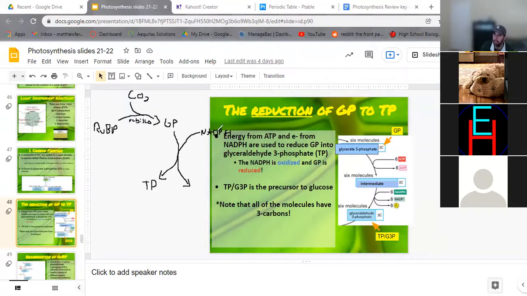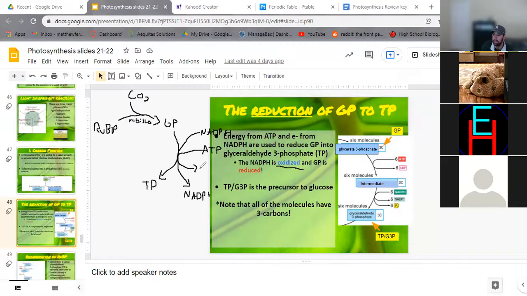And so if NADPH is losing electrons, we say it's becoming oxidized. And the oxidized version of NADPH is just NADP plus. So we see NADPH enter, we see NADP plus leave. Additionally, we also need a little bit of energy here. Don't forget, we also produced some ATP in the light dependent reactions. That is also needed here.